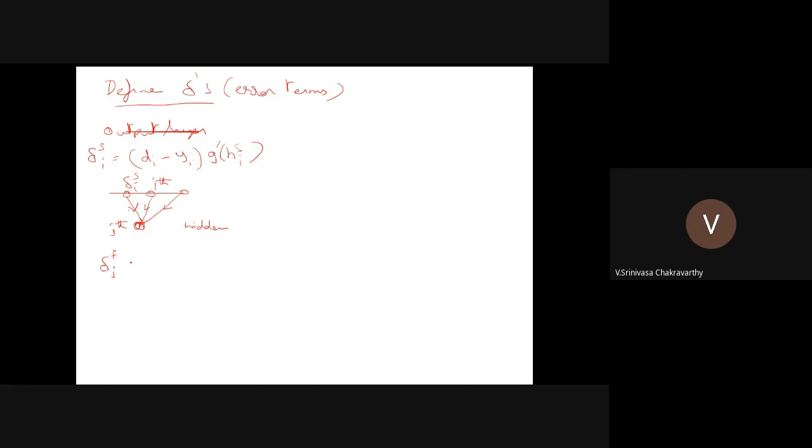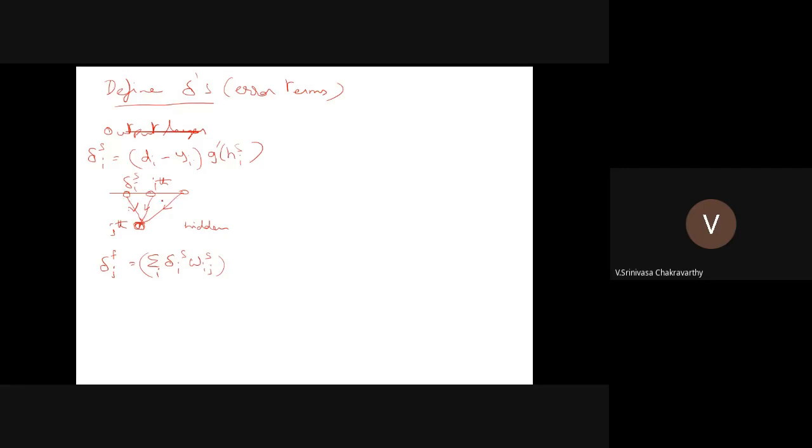first, I'll call it first, is equal to sigma delta i second times wij second. So this is summed over. So basically you take the deltas and pass them through the weights in the reverse direction, because the weights you imagine are taking information in the forward direction.